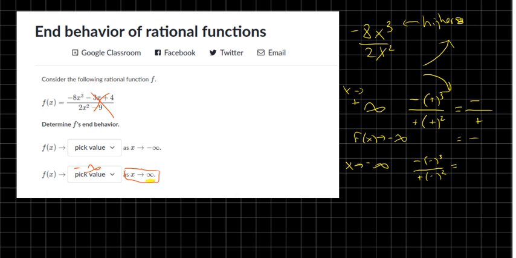A negative number cubed is negative, times negative is positive, and a negative number squared is positive, times a positive is positive. So I end up with a positive number. So as x approaches negative infinity, f of x approaches positive infinity.